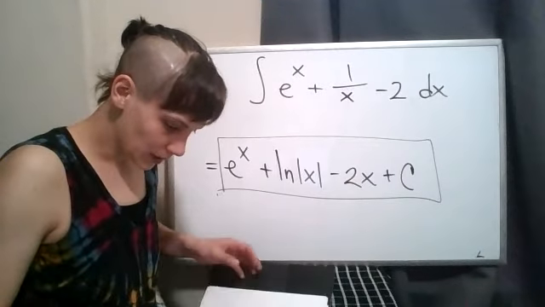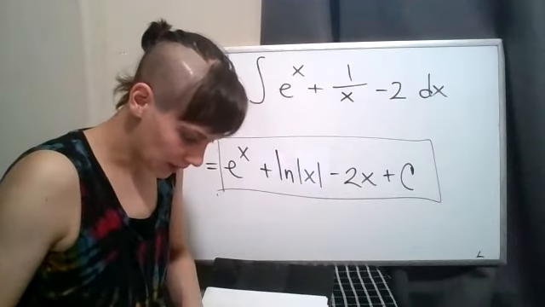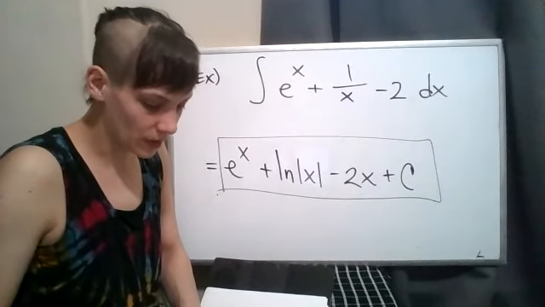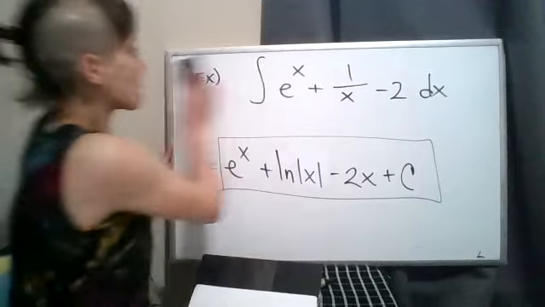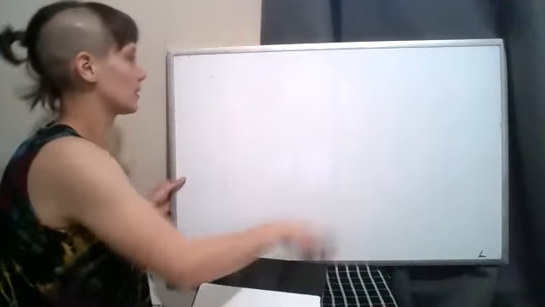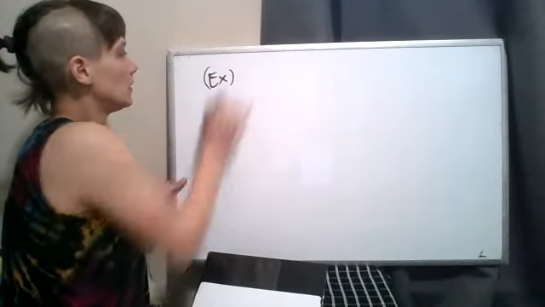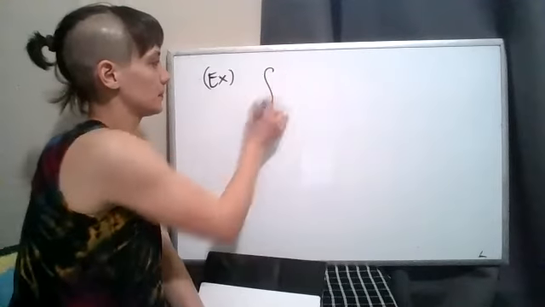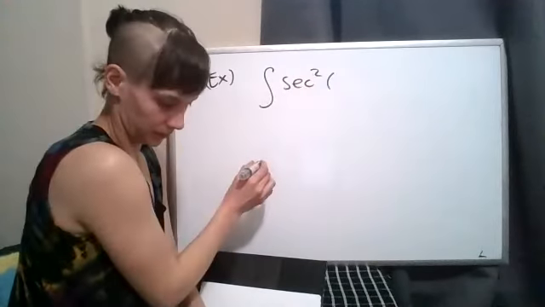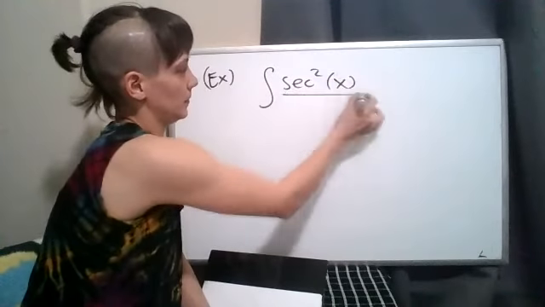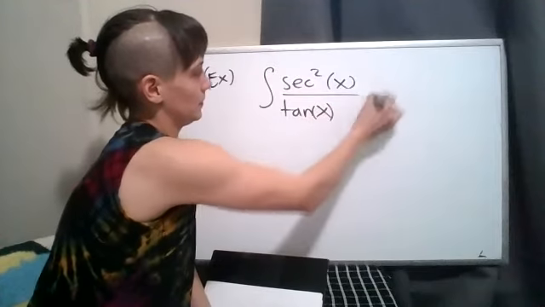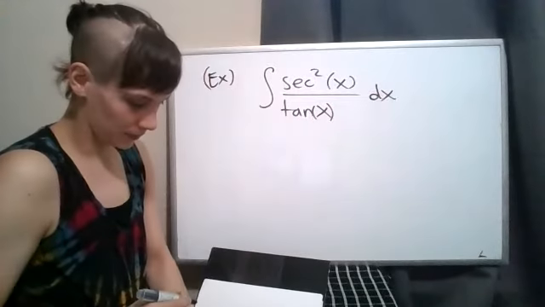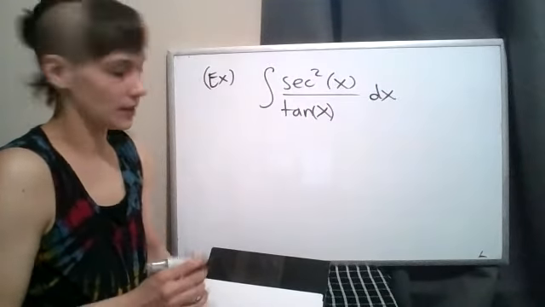I think we'll try this one. It's the integral of secant squared of x over tangent of x dx. Okay, and let u equal tangent of x.